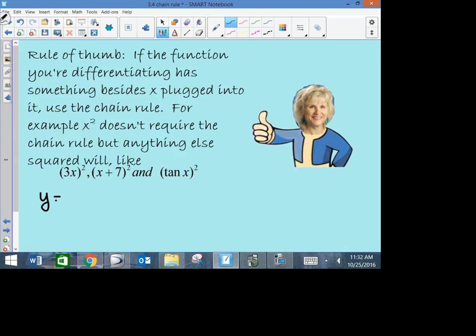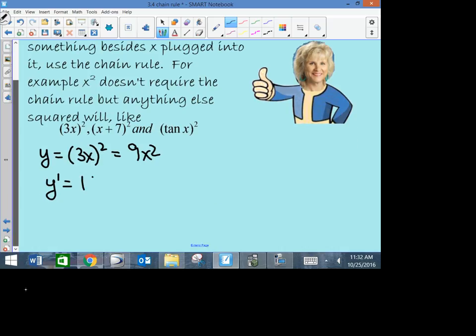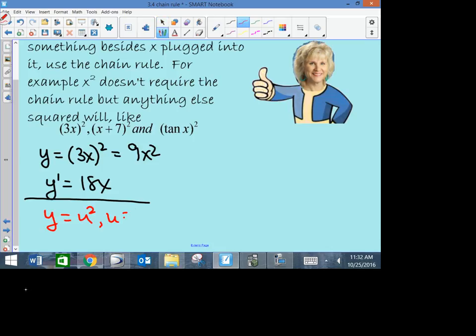If y equals 3x squared, I would write that as 9x squared, so y prime is 18x. Okay? Use the chain rule, you would say that is u squared, where u is 3x.